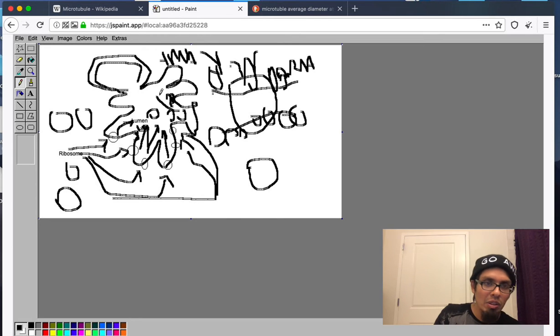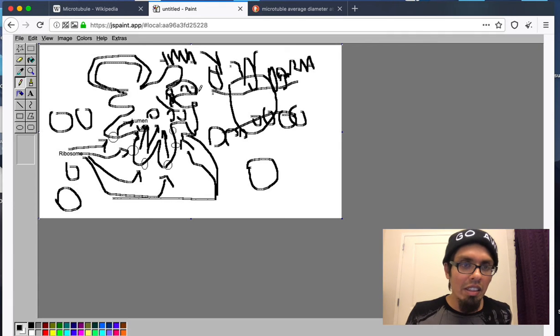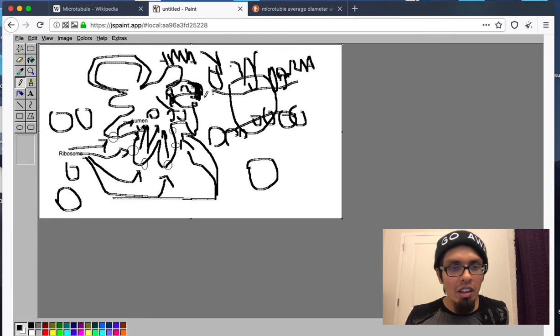It allows folding of these amino acid polypeptide chains until they get to a part of the rough ER called the transport ER, or transitional ER.